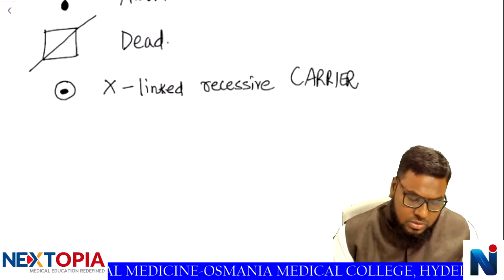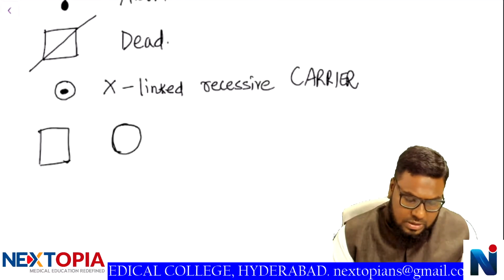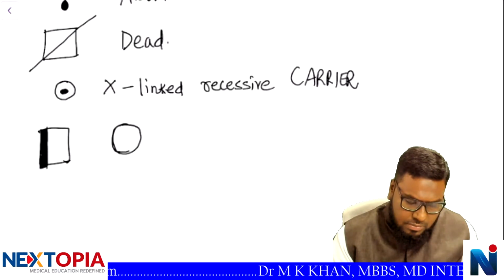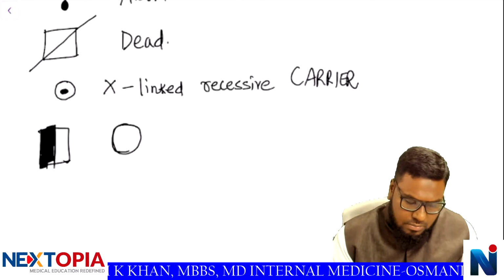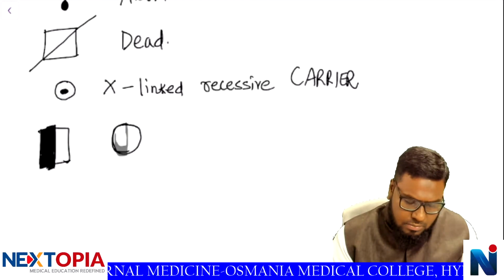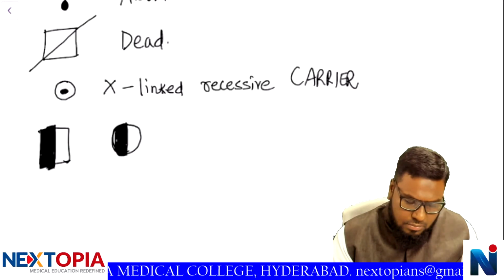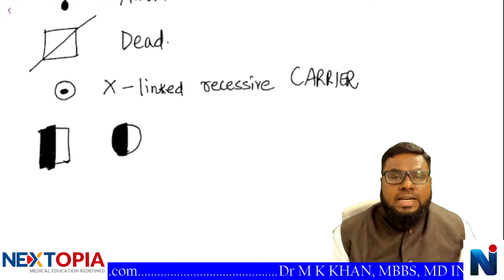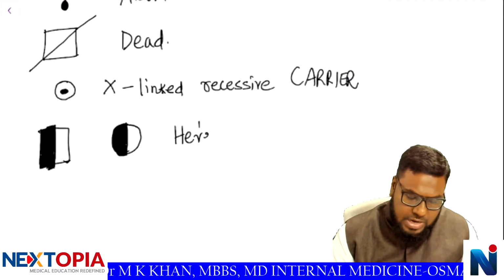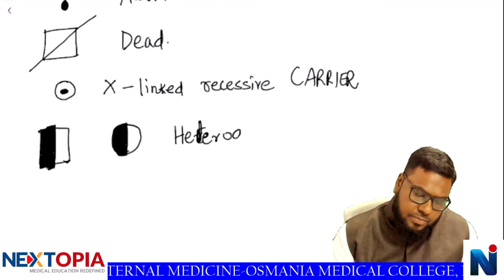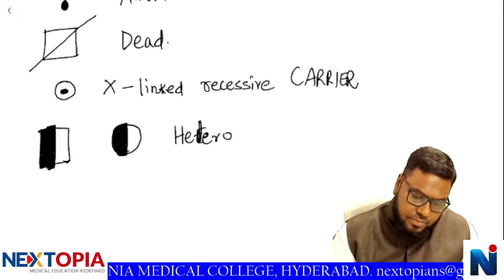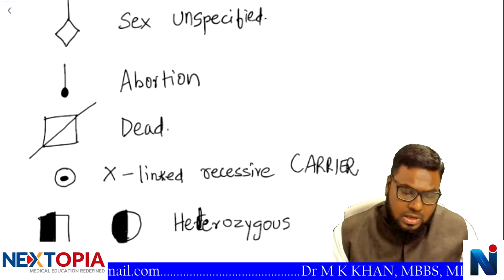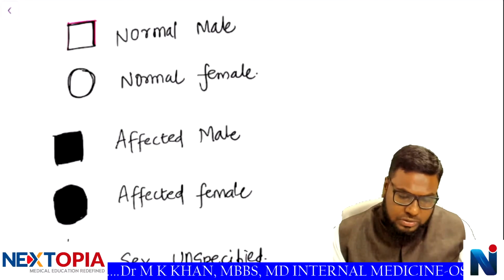And if I draw a square or a circle which is half shaded, it means I am dealing with a heterozygous character, either male or female. All right, so these are all the denoted formats of pedigree chart.